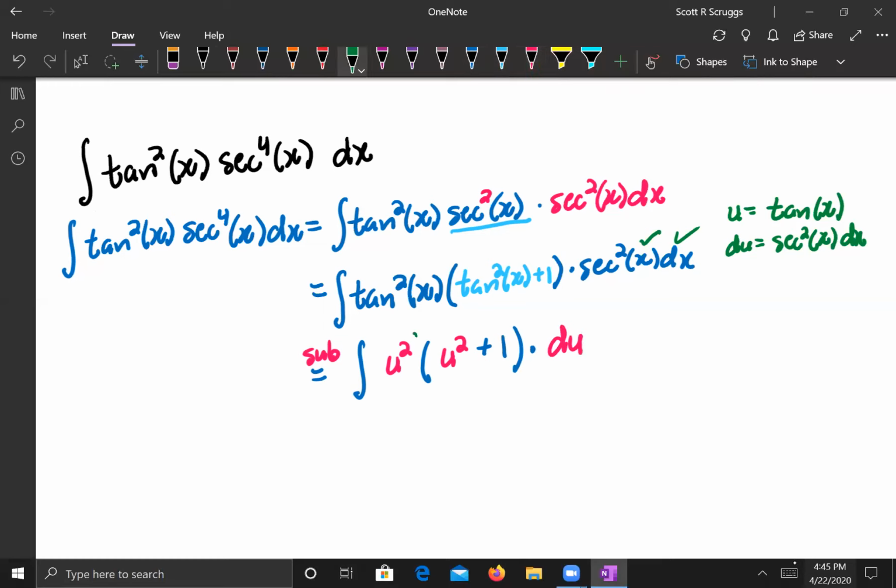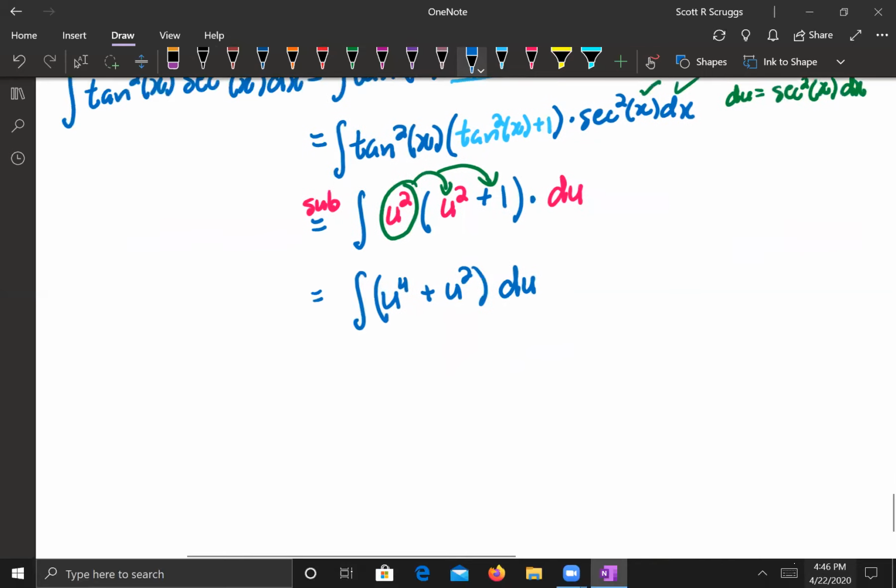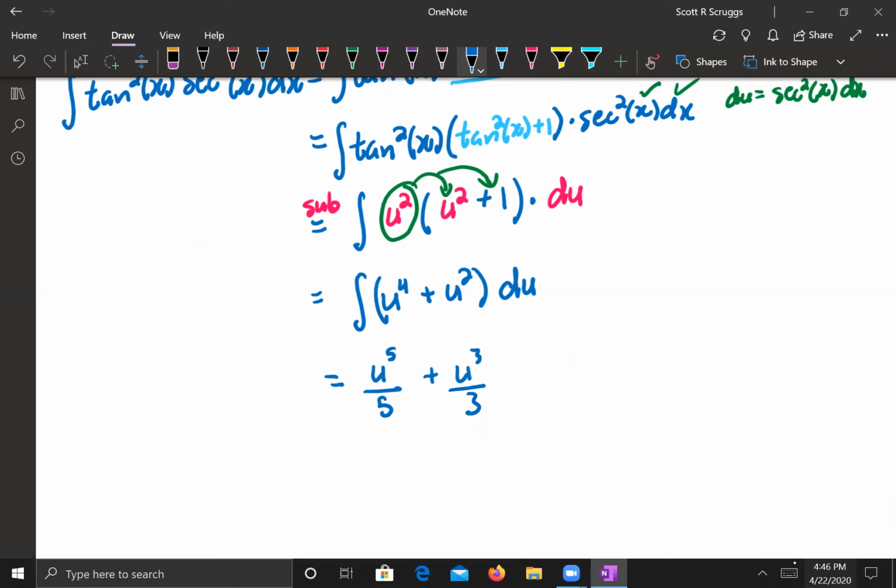Going to distribute that u squared through both of those terms, and I get u to the 4th plus u squared du, which is now equal to u to the 5th over 5 plus u cubed over 3.